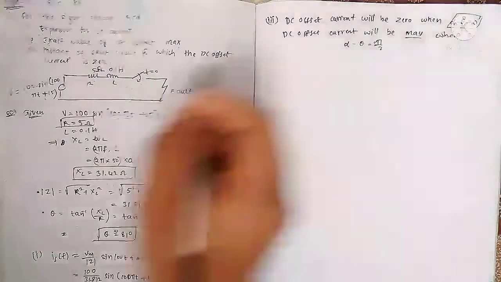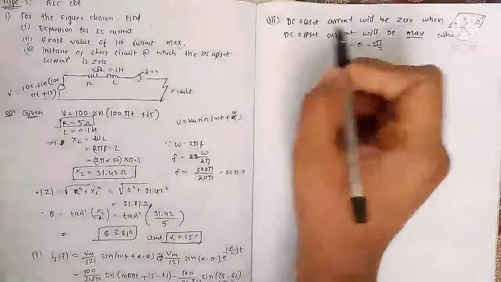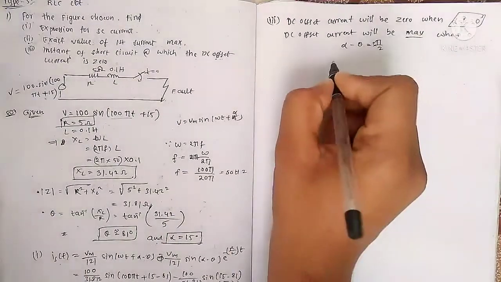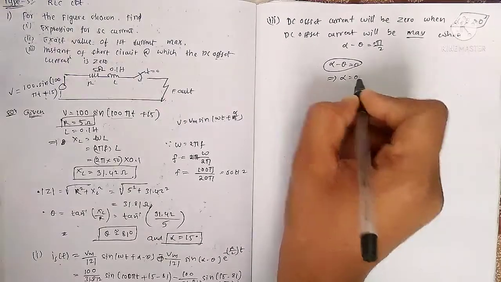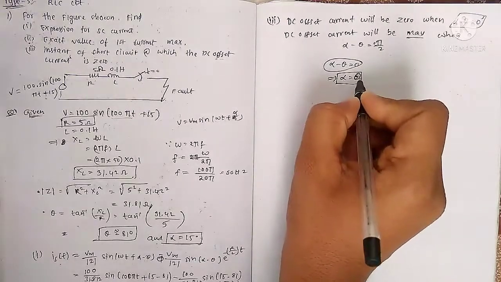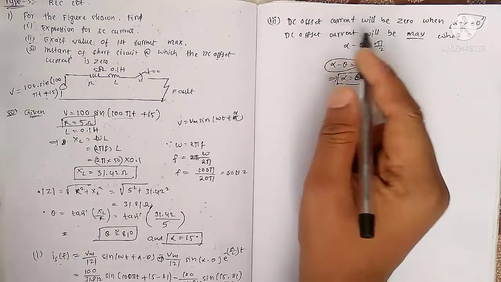In the question they asked for the instant of short circuit at which the DC offset current is 0. This condition is satisfied when alpha minus theta is equal to 0. This implies alpha is equal to theta. When alpha is equal to theta, the DC offset current will be 0.